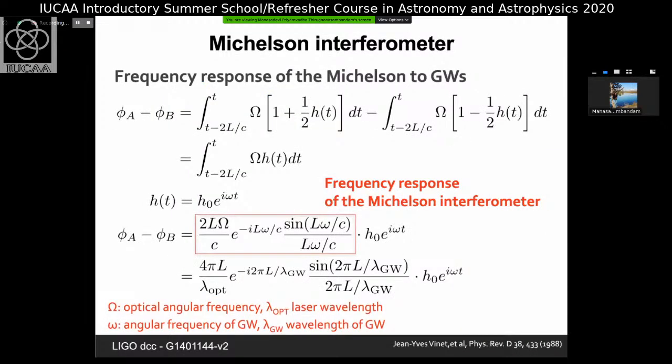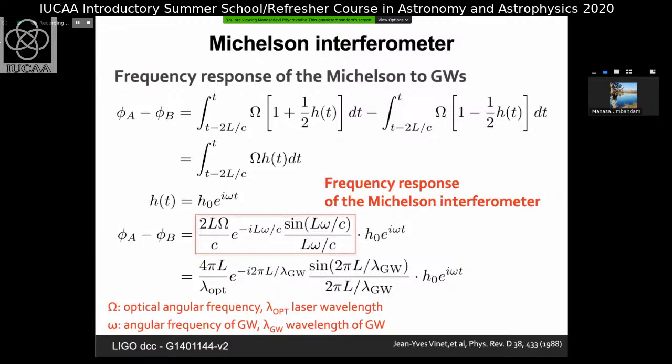In order to build a detector to detect a particular frequency of gravitational wave, it is important to know the frequency response of the Michelson interferometer, so that you know how sensitive it is to the kind of sources that you're looking at. For us, we want to stick to a band from a few hundred hertz to a kilohertz.